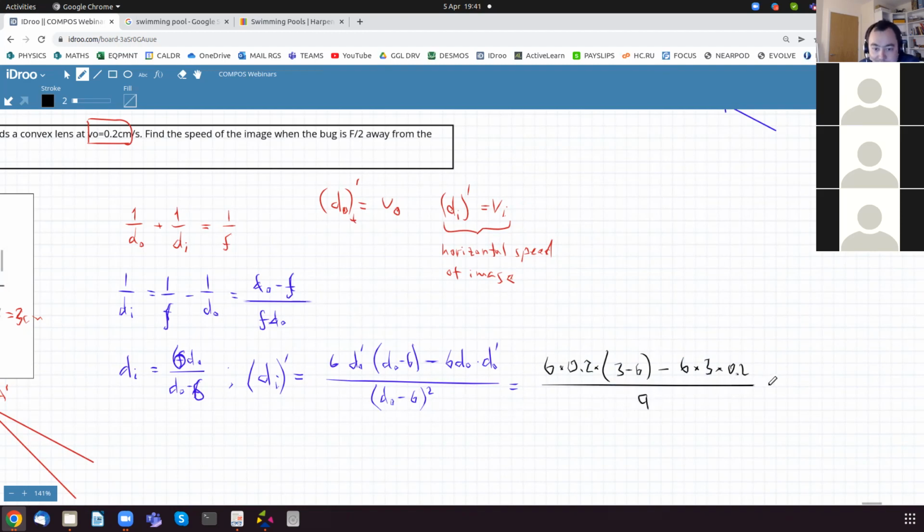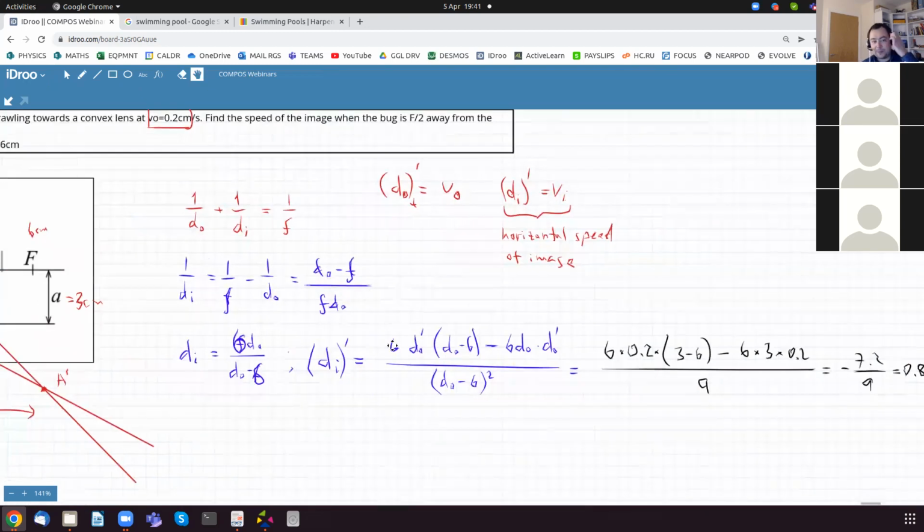And as a matter of fact, this is minus 3.6, so it's minus 7.2, 7.2 divided by 9, which is 0.8 centimeters per second. But that's the horizontal speed of the image.